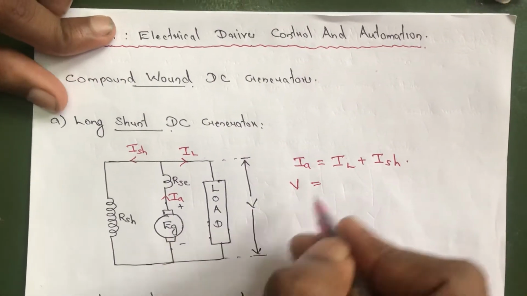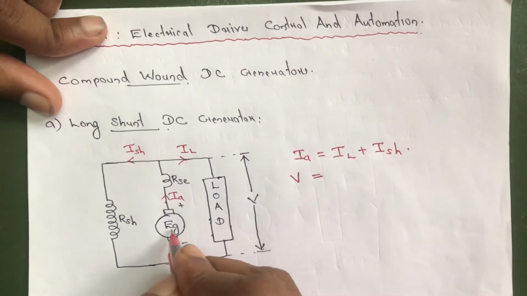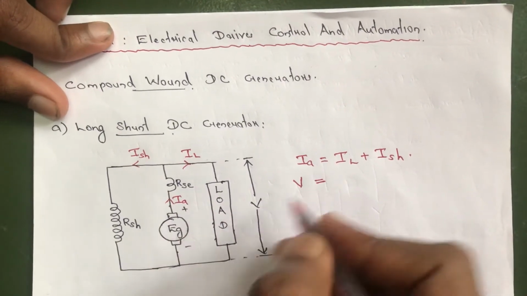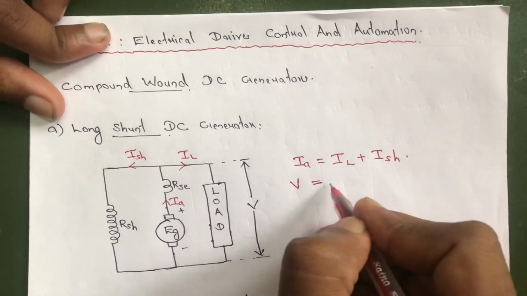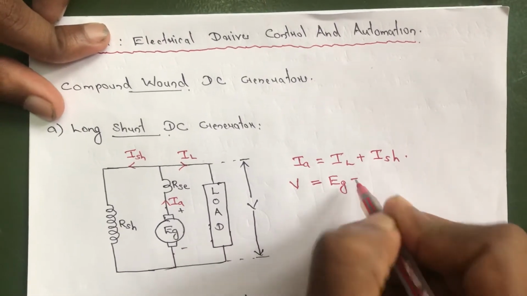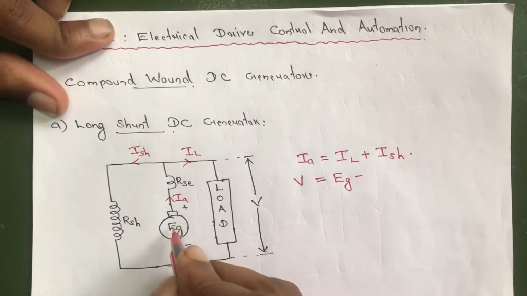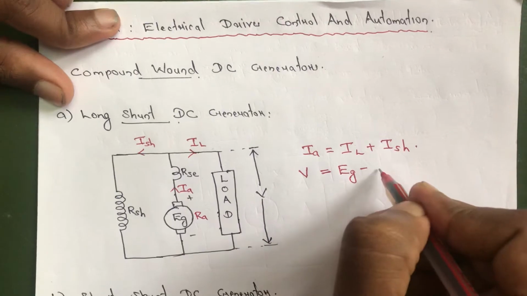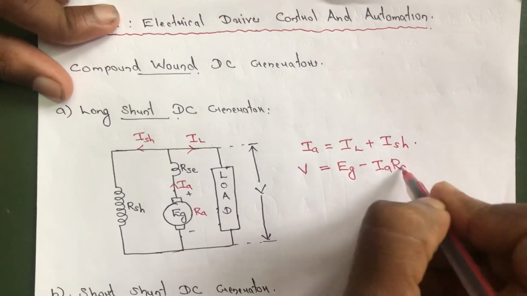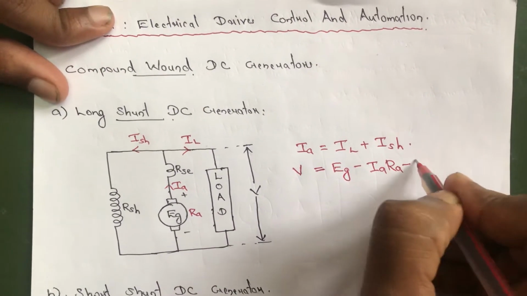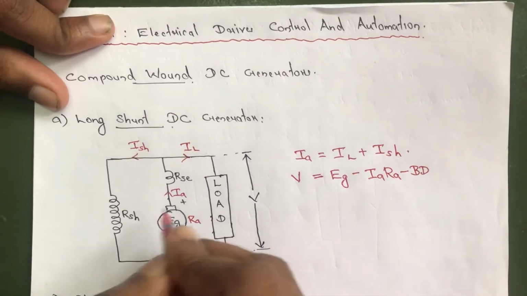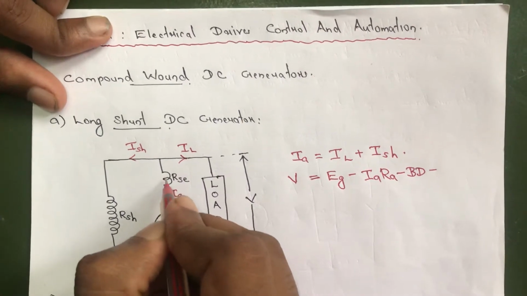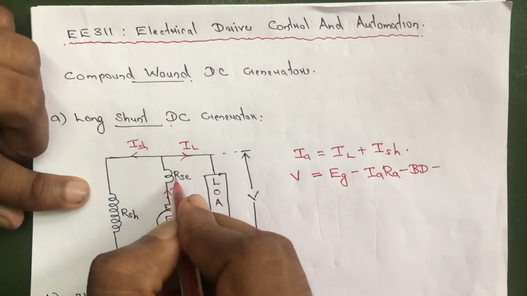Next we have to write the terminal voltage equation. V will not be equal to EG, some voltage drop will be coming. So V equals EG, the generated voltage, minus the first drop, which is due to armature resistance RA, that is IA RA drop, minus the brush drop, minus again here there is some resistance, so some voltage will be lost due to RSC.